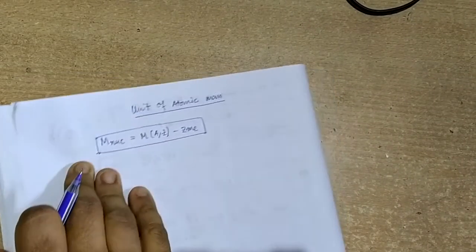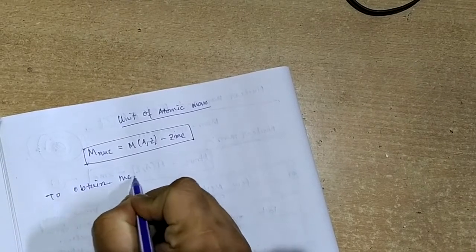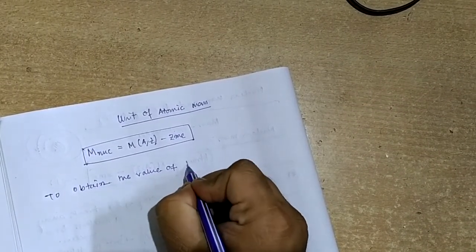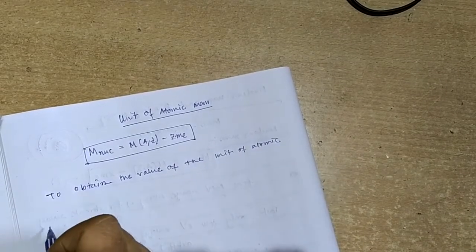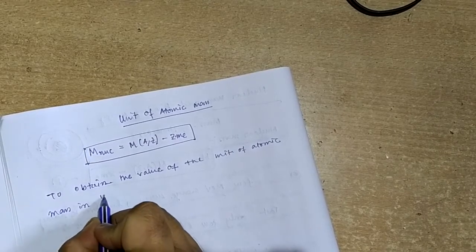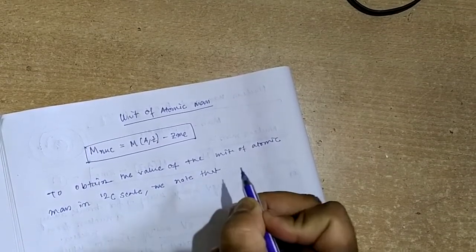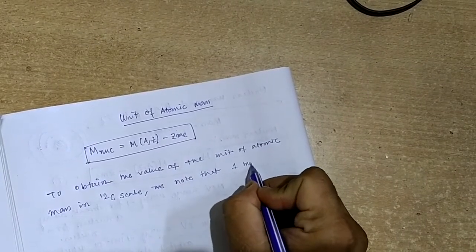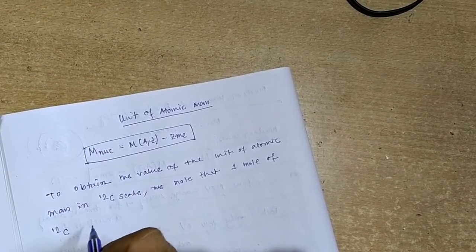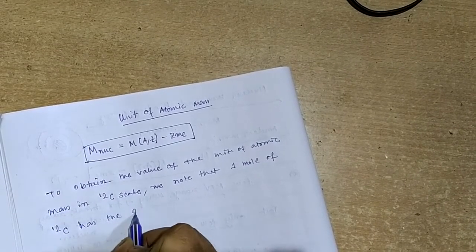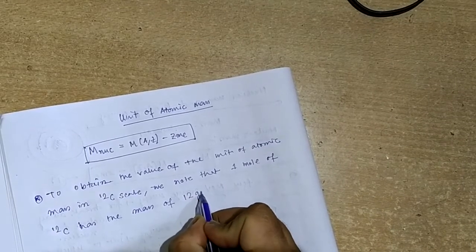That means, to obtain the value of the unit of atomic mass in carbon scale, we note that 1 mole of carbon 12 has the mass of 12 gram.